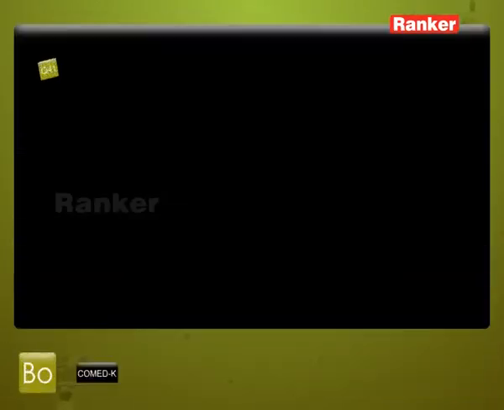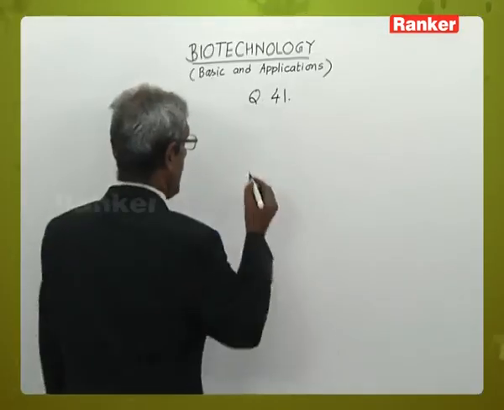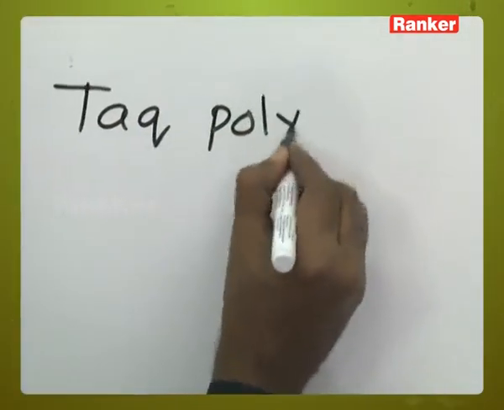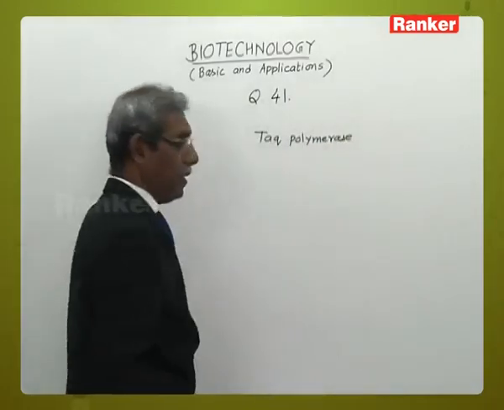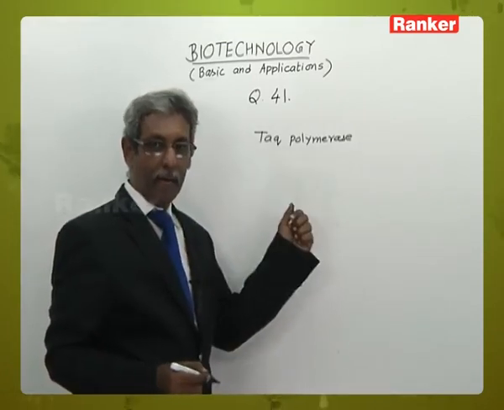Question 41 asks, Taq polymerase enzyme is used in A, restriction mapping, B, gene cloning, C, PCR, D, all of the above. Taq polymerase is a specialized enzyme which has been extracted from a bacteria.